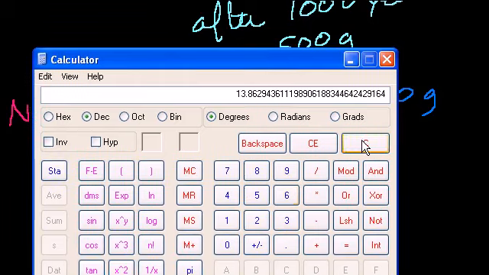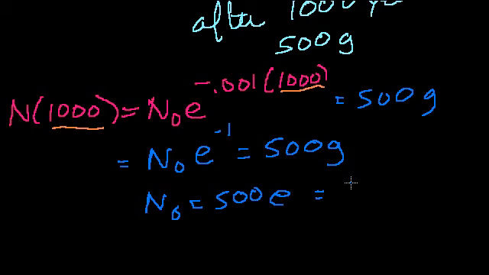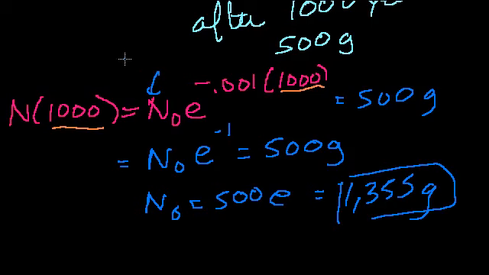So 500 times 2.71. I don't actually have e on this calculator, at least I don't see it. It's equal to 1,355 grams, or 1.355 kilograms. That's what I started with.